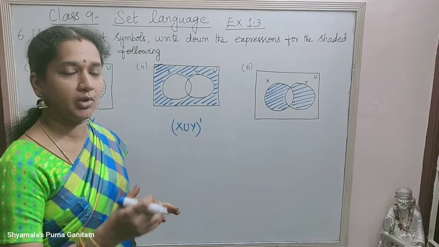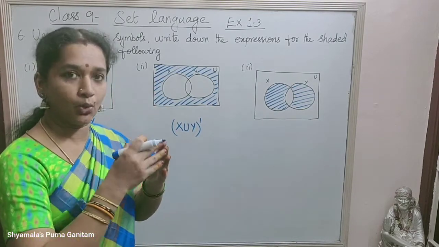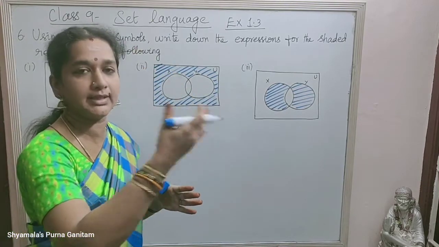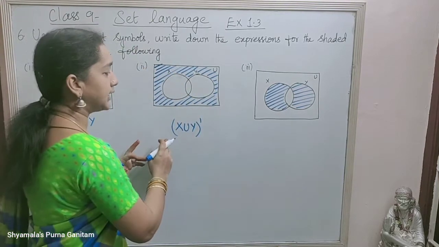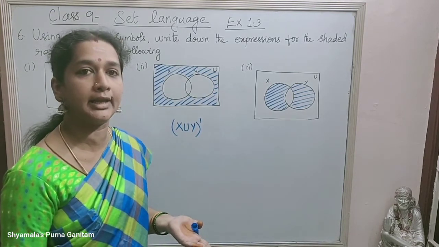So what is X union Y? All the elements of X and Y. That is not shaded, so the remaining elements from the universal set are shaded. So that is X union Y, the whole dash. What is X union Y, the whole dash?